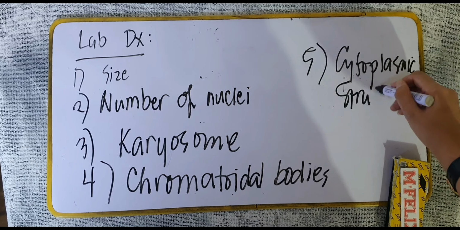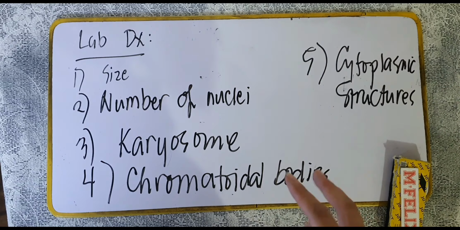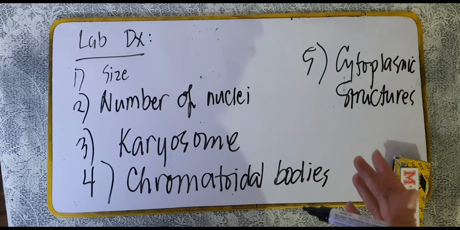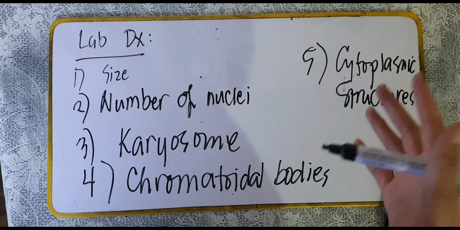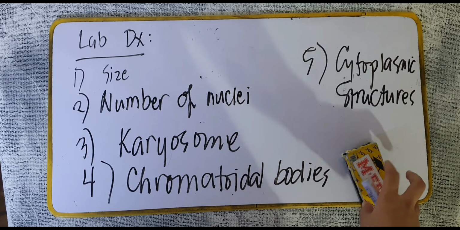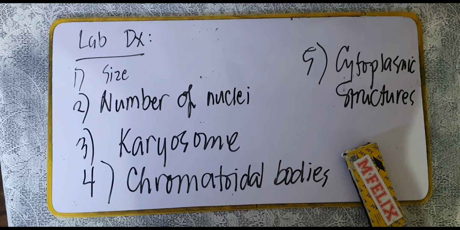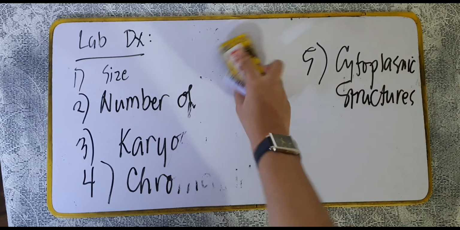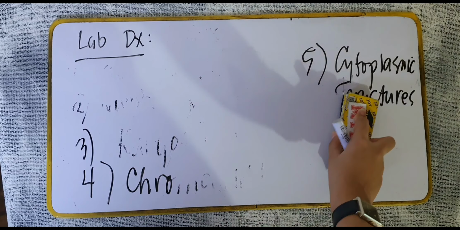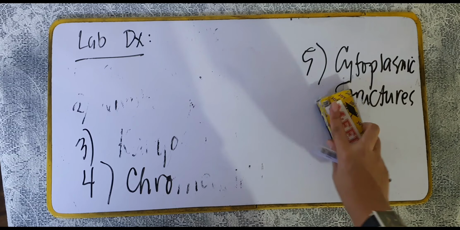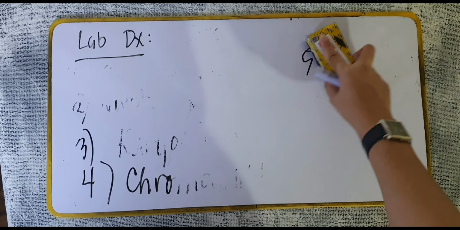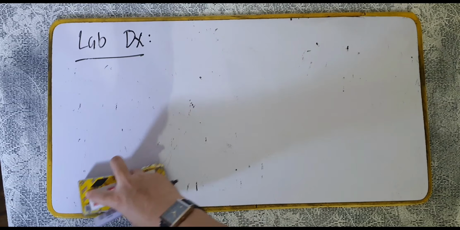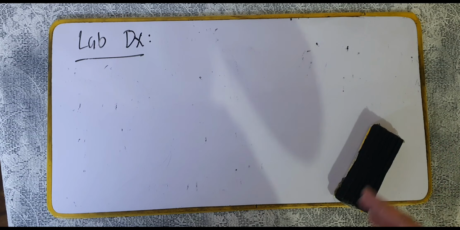These are what we use as a basis in identifying E. histolytica, and we can differentiate it from other non-pathogenic amoebas. The standard method in parasitologic diagnosis is still microscopic detection of amoeba, of trophozoites and cysts in the stool specimen.